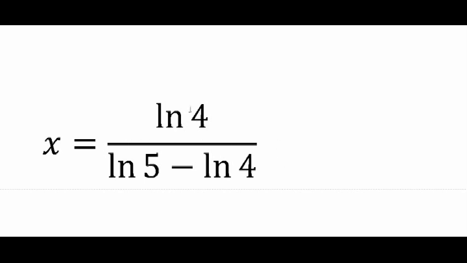It would go something like this: 4, logarithm button, divide, open parenthesis, 5, logarithm, minus 4, logarithm, close parenthesis, and then hit the equal sign. And that should give you the following answer.